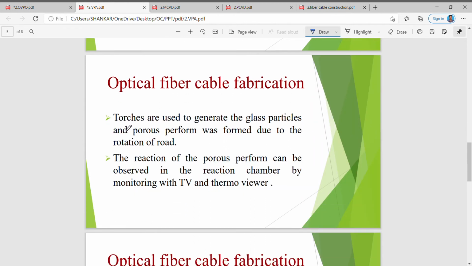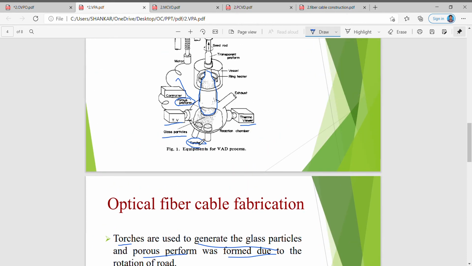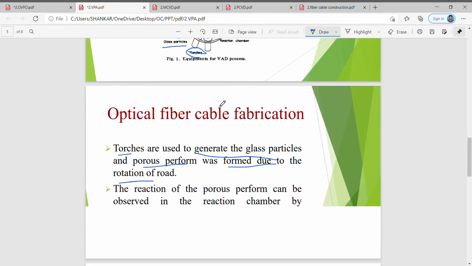Here the torches are used to generate the glass particles, and the soot preform is formed due to the rotation of the rod in the upward direction.